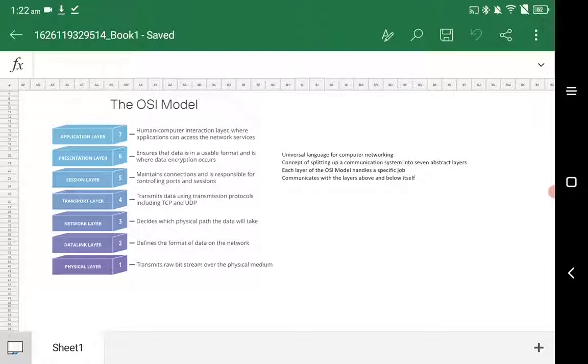Each layer of the OSI model handles a specific job, and each of these layers communicates with the layer above and below it. We just now talked about Azure Load Balancer, which works at level 4, which is the transport layer, and it is used for transmitting data using transmission protocols including TCP and UDP.